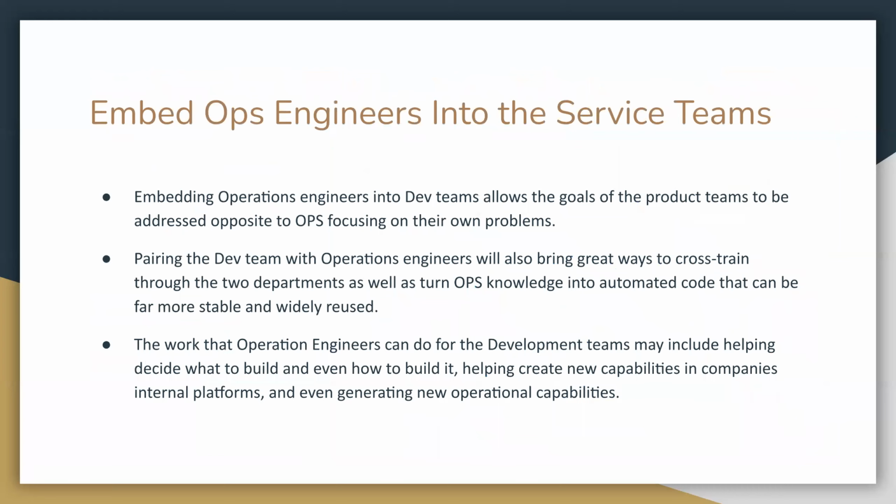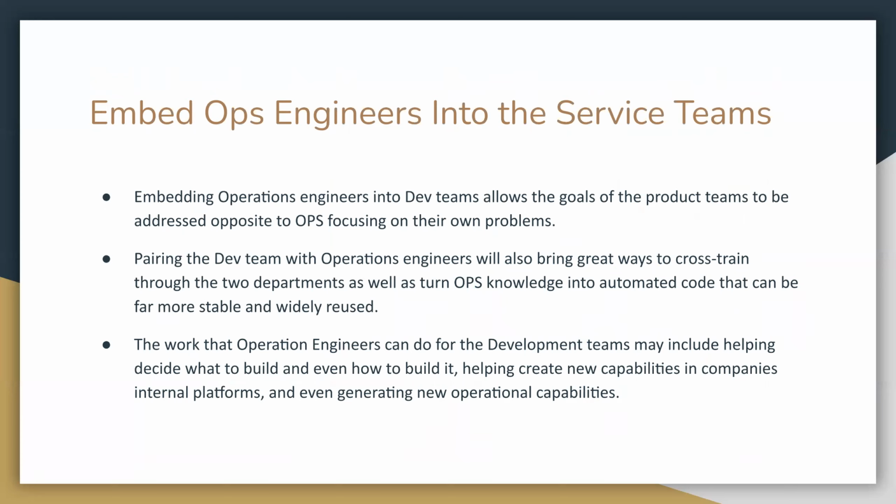So being able to embed operations engineers into the service teams is going to really help move our company forward. Embedding the operations engineers into dev teams allows the goals of the product teams to be addressed, as opposed to ops focusing on their own problems.